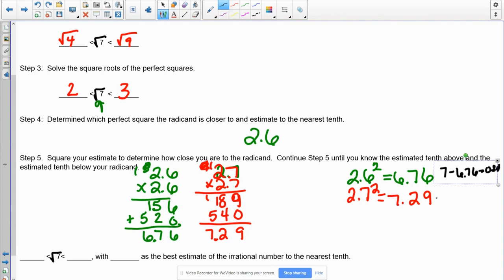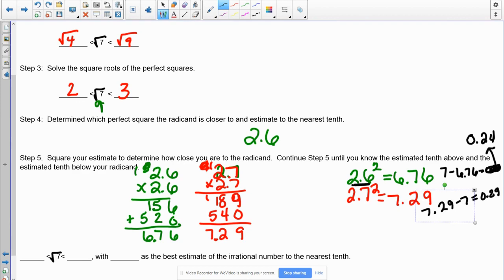And then I'm going to try this one. 7 and 29 hundredths minus 7 is 29 hundredths away. So these two are actually pretty close. But since this was 24 hundredths, 24 hundredths is actually smaller than 29 hundredths. So this 2.6 is my better estimate.